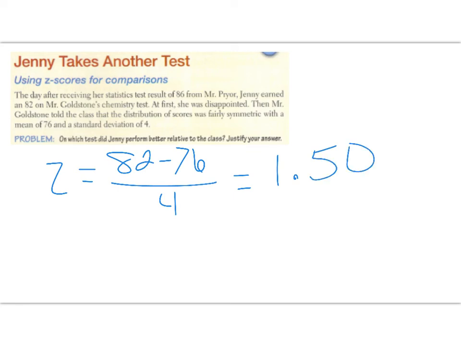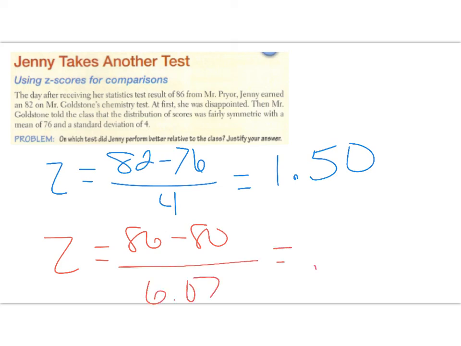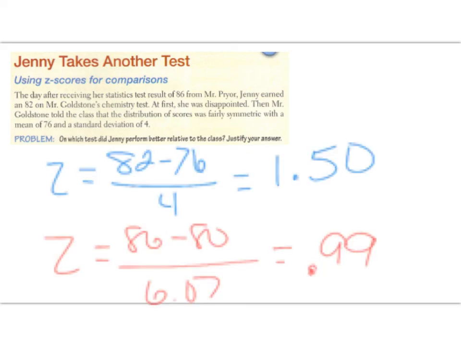So what that means then is that her 82 in chemistry was 1.5 standard deviations above the mean score for the class. Well, her z-score on her statistics test, okay, when that one gets standardized, she made an 86, the average was an 80, but her standard deviation was a 6.09. Her z-score is a 0.99.